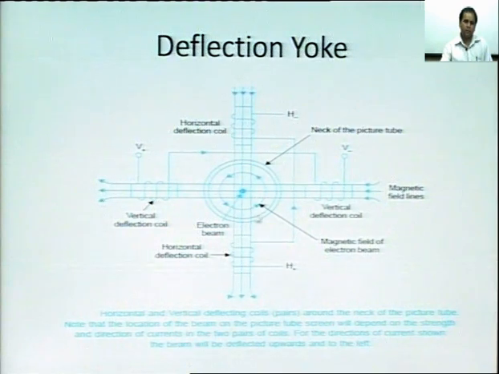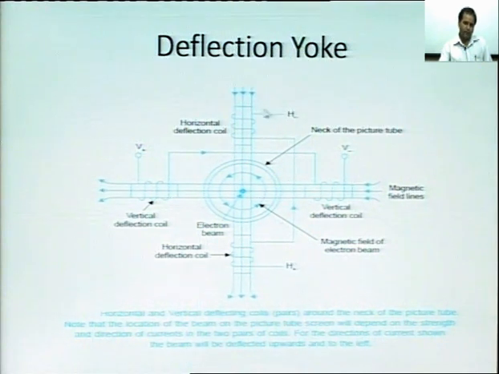So, this magnetic field of the vertical deflection coil will interact with the magnetic field of the electron beam present here. As a result, because of the interaction of two magnetic fields, the electron beam will be deflected towards the top or towards the bottom.